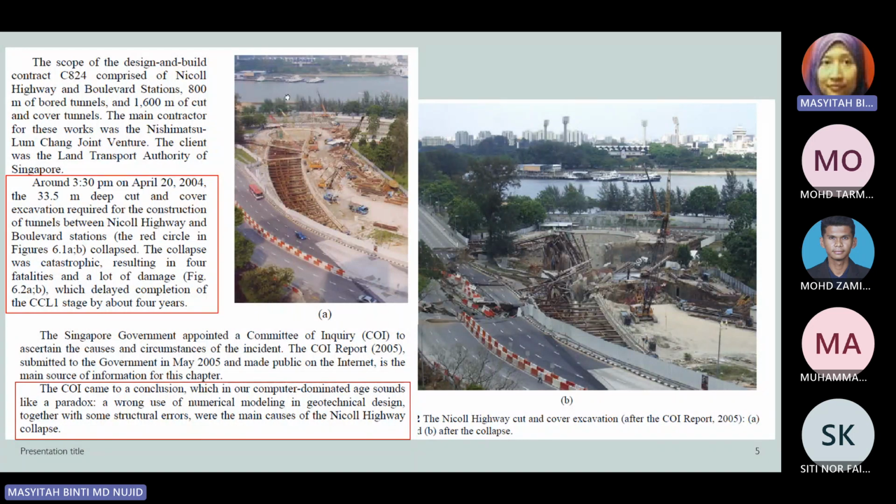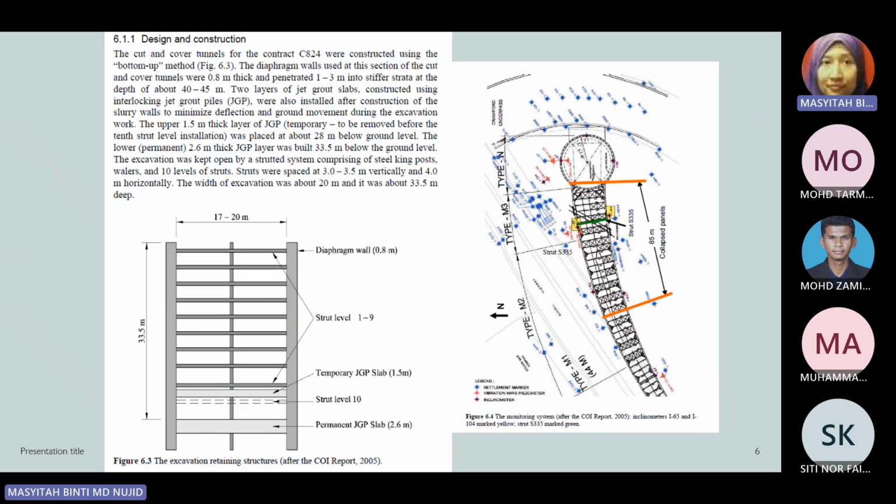The statement here does not explain in detail what the geotechnical errors were in that analysis before construction started. It just states the wrong use of numerical modeling. From this article or topic, it is also not mentioned what the geotechnical errors were in the design. It just explains the design and constructions from the beginning of these activities.